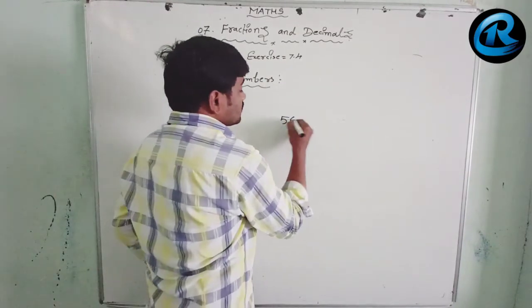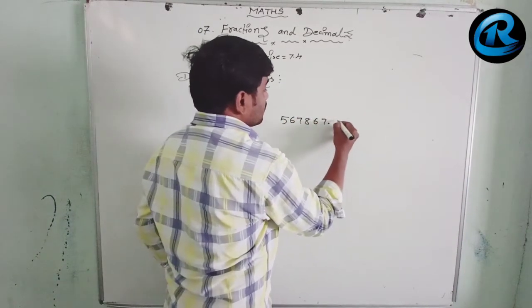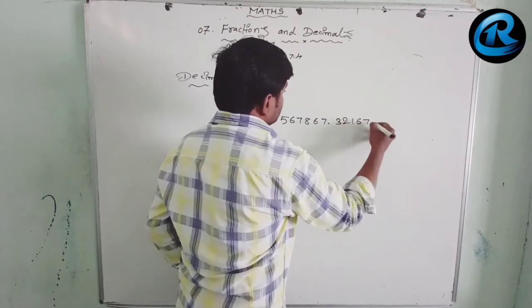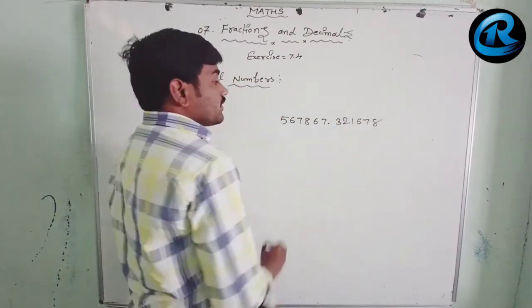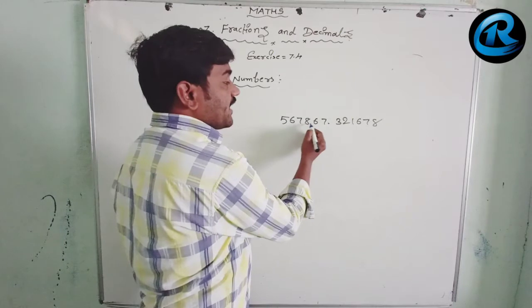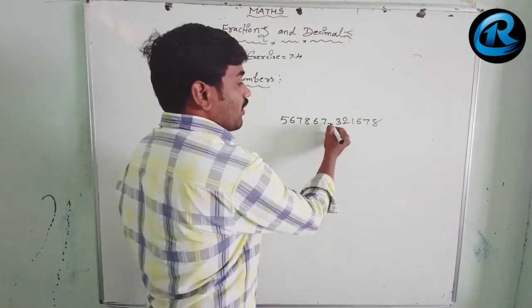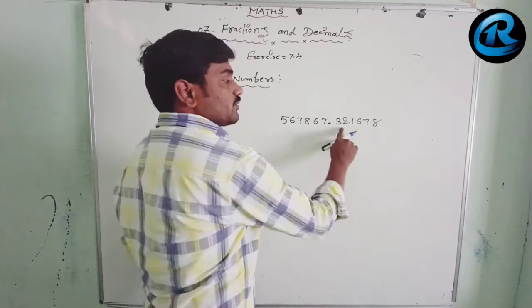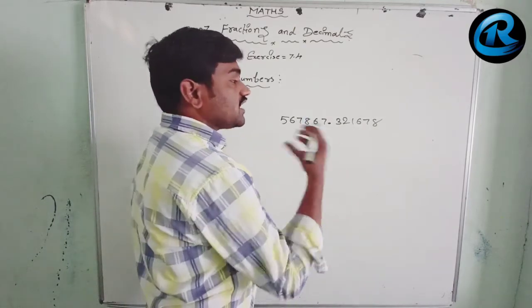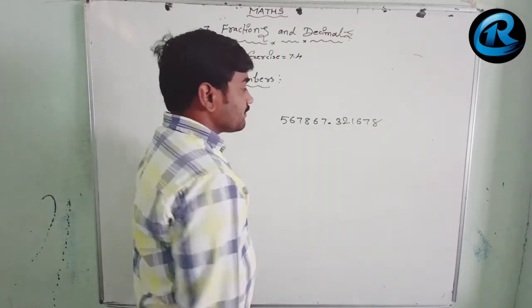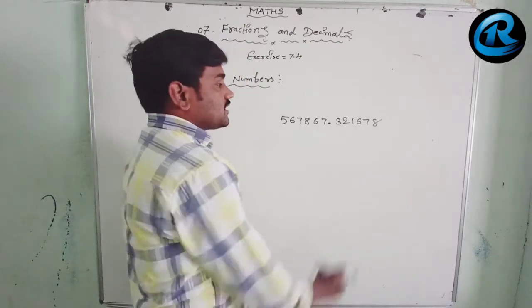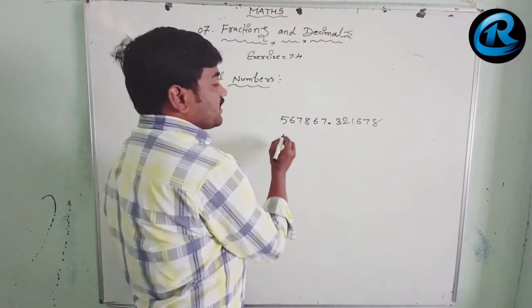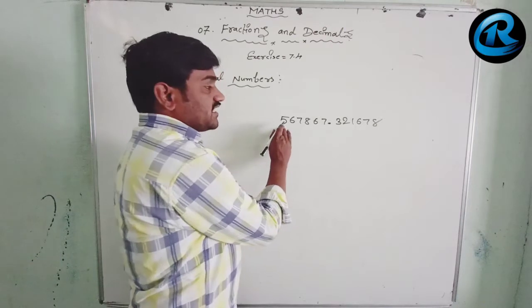So here, 5,67,867.321678. After the decimal point, we have to read the digits individually. 321678. In this, let's find out the place value of this 5. It is in the lakhs place.